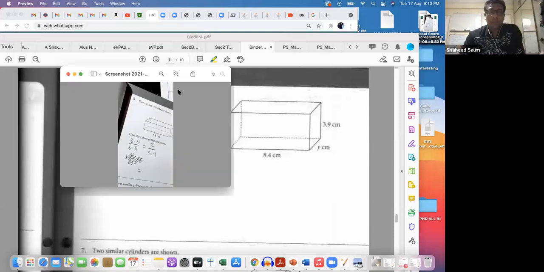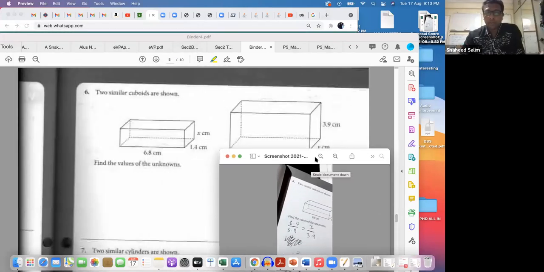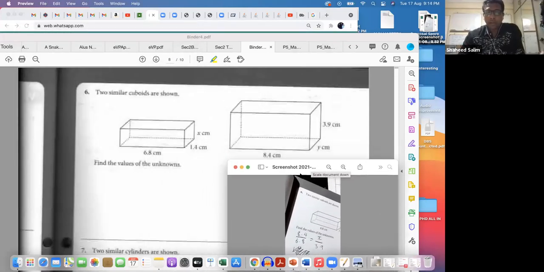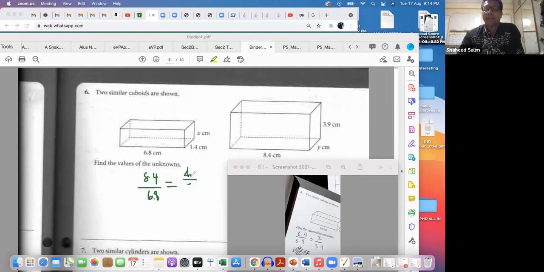Okay, so let's see. Yeah, this is it, right? So you have taken 8.4. This is where the mistake is. You have taken one side as the bigger one, 8.4 over 6.8. Which one is bigger? 8.4 is bigger over 6.8. Then you see it's equal to smaller over 3. That's it. Once you take the smaller, you know what I mean?